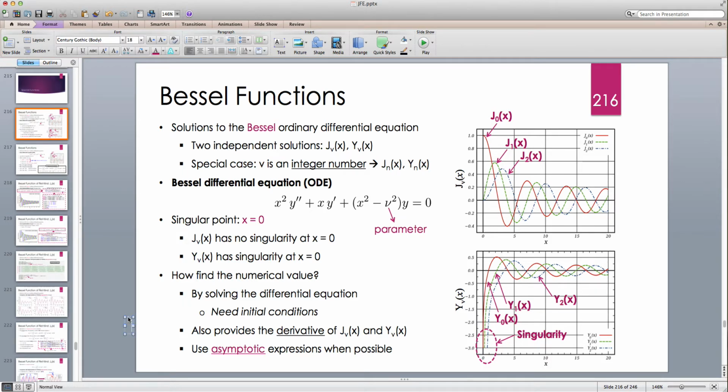So let me just write it here: based on elementary functions. And because it's based on elementary functions, it's very easy and very efficient numerically to calculate those asymptotic functions, all right?